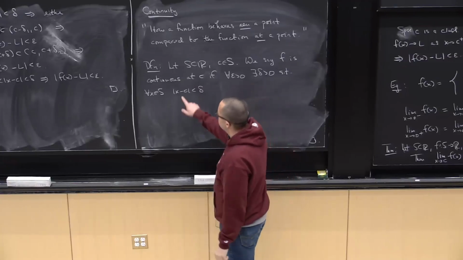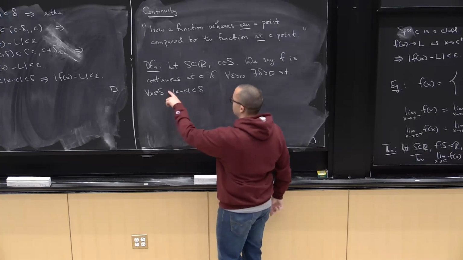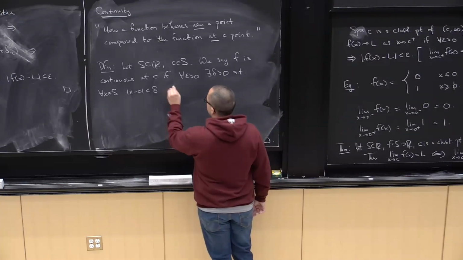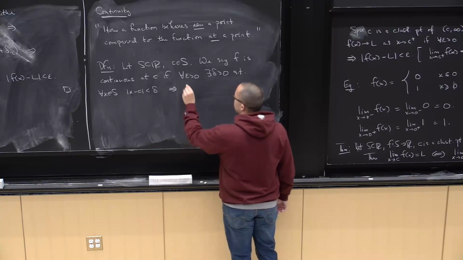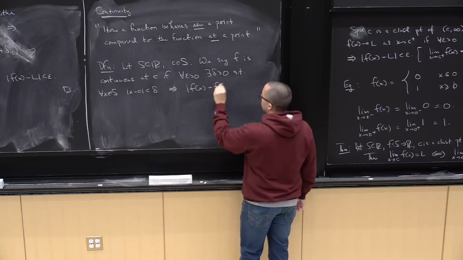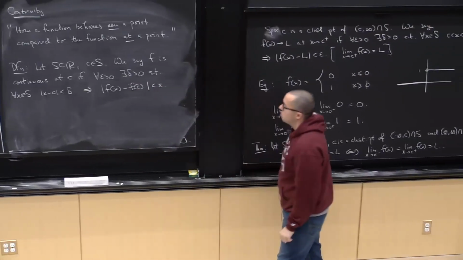So in particular, x equals c will satisfy this inequality. I don't have the 0 < that. So for all x in S which are close to c within delta, f(x) will be within epsilon of f(c).